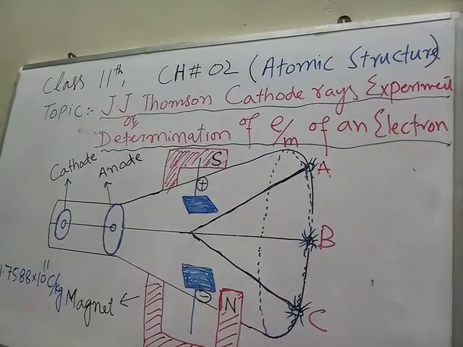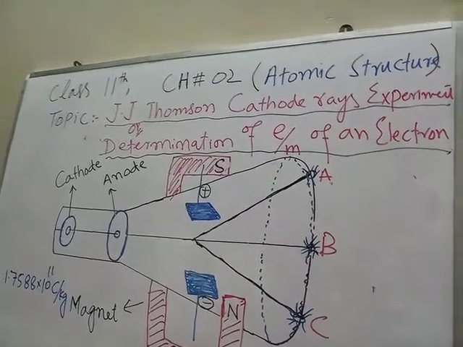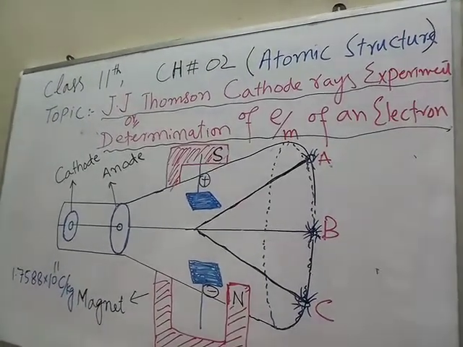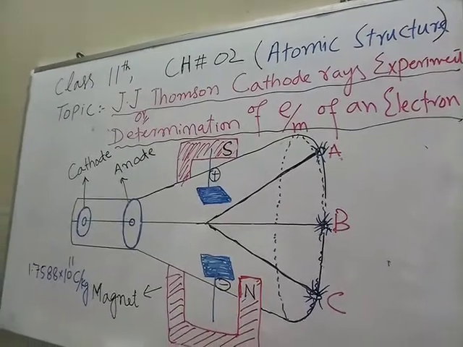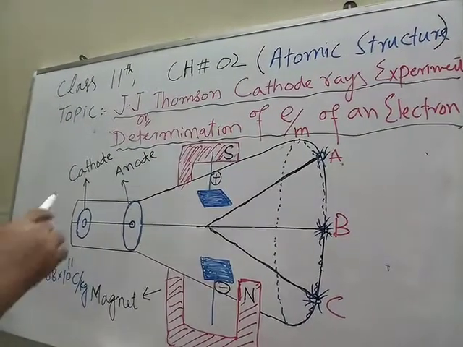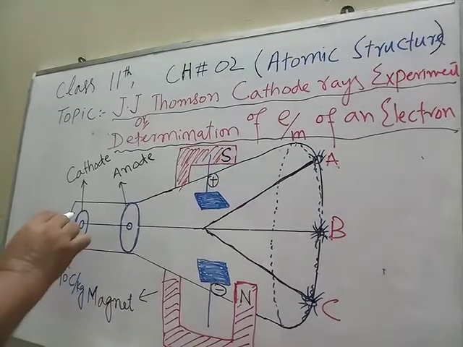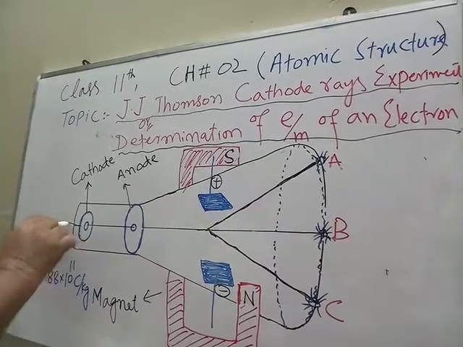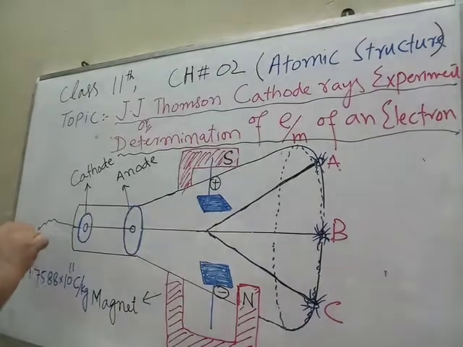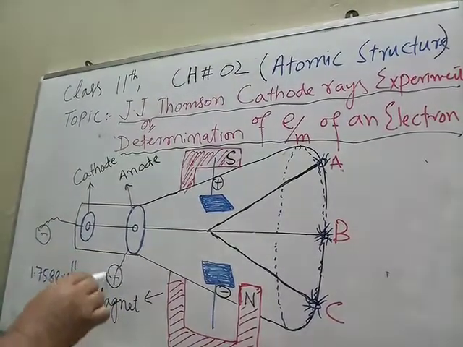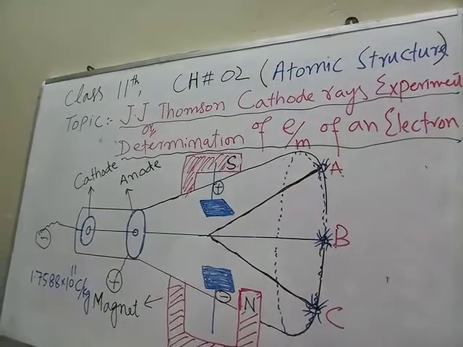Actually, J.J Thomson in 1898 took a modified cathode ray tube. Look at this. This is a cathode ray tube. He adjusted a cathode which is connected with the negative terminal of the battery and an anode which is connected with the positive terminal of the source battery.